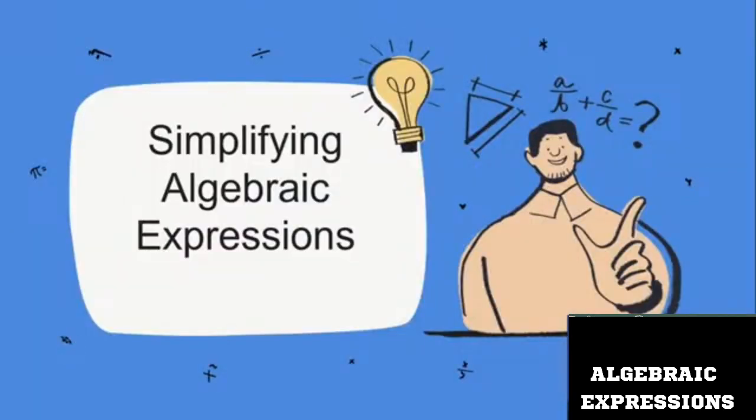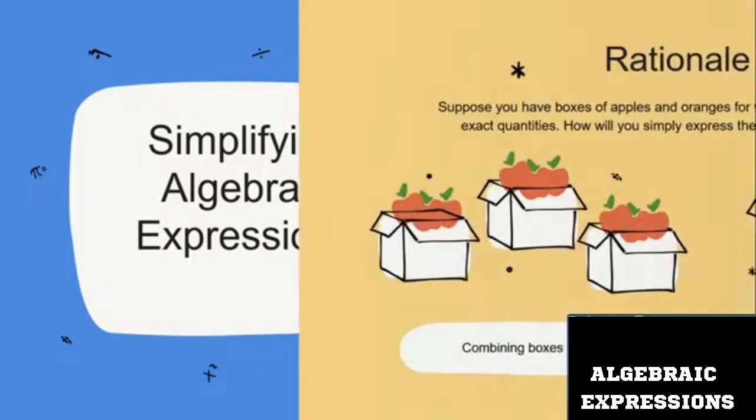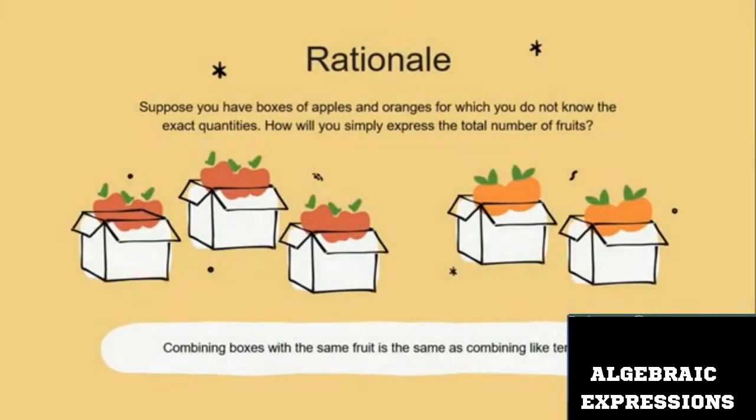All right, so let's look at how we can simplify algebraic expressions. Now, suppose you have a certain number of boxes of apples and oranges for which you do not know the exact quantities. How will you express it simply?